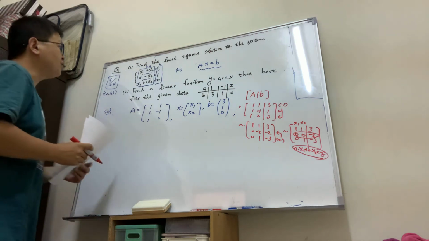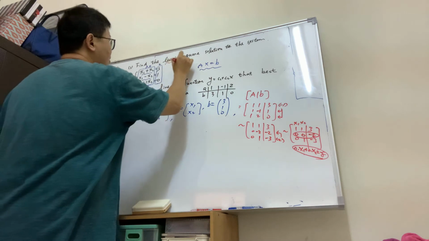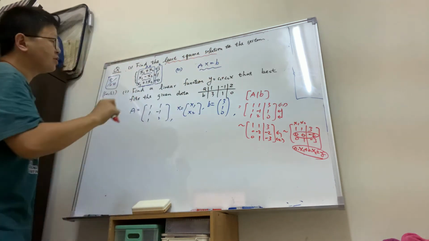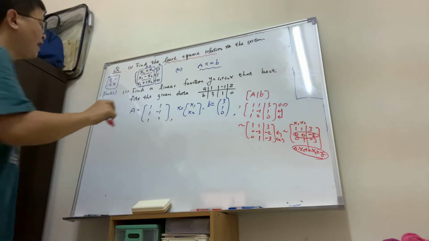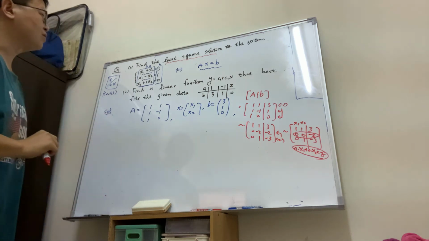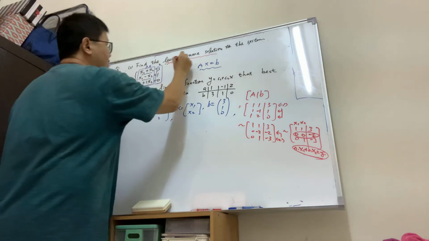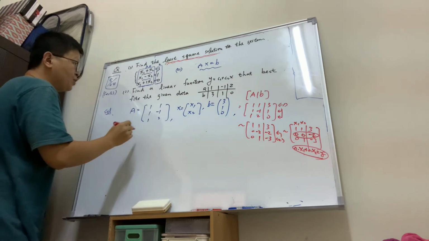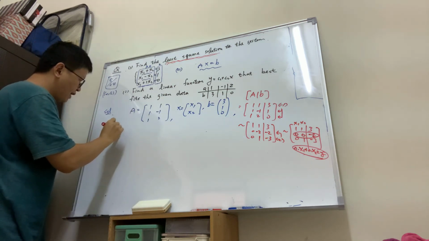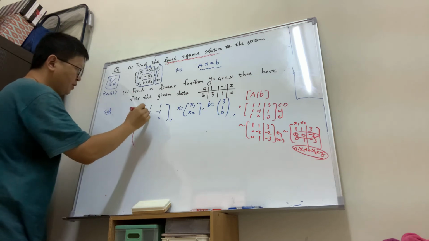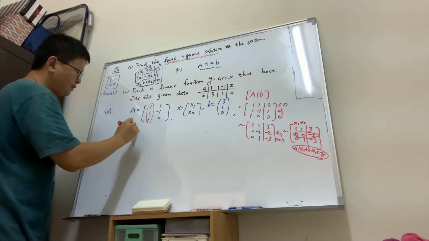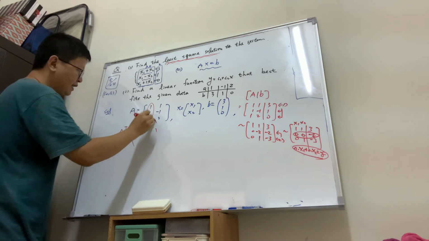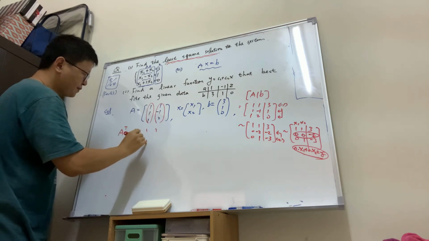So now our question is to find the least square solution, not the exact solution, since there is no exact solution. To find the least square solution, we should consider A transpose. A transpose means the first column becomes the first row and the second column becomes the second row.